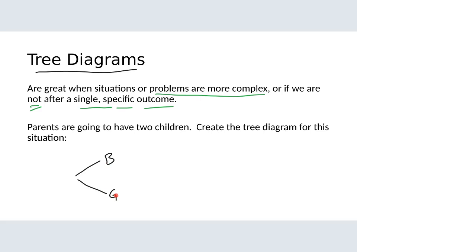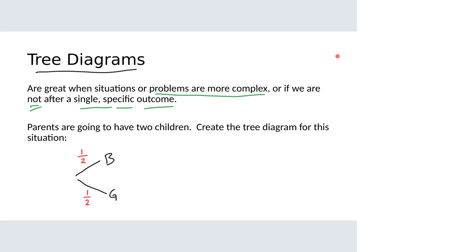We're actually going to put the probabilities right here on our tree diagram. Roughly, I think it's a little bit higher than 50% that you have a girl, but we're going to ballpark this: the probability of having a boy is 1/2, the probability of having a girl is 1/2.